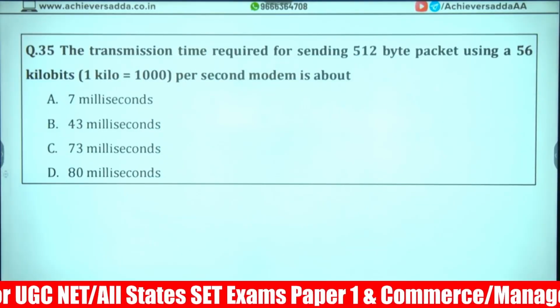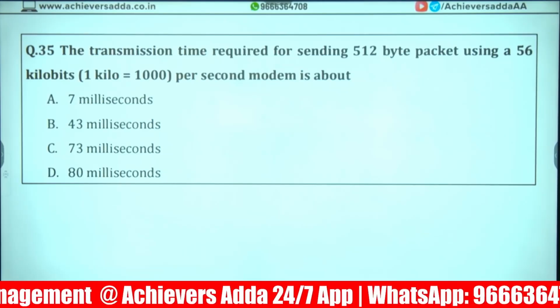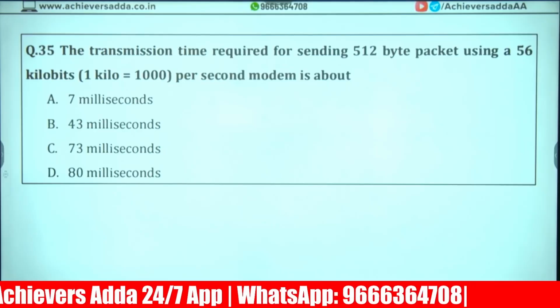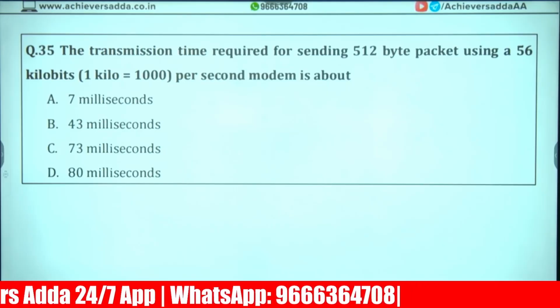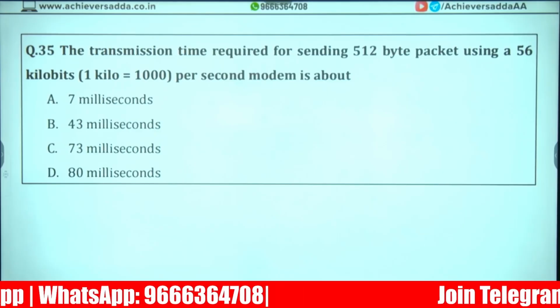Next, a 512 byte packet using a 56 kilobits, 1 kilo equals 1000 per second modem. They are asking the time now.